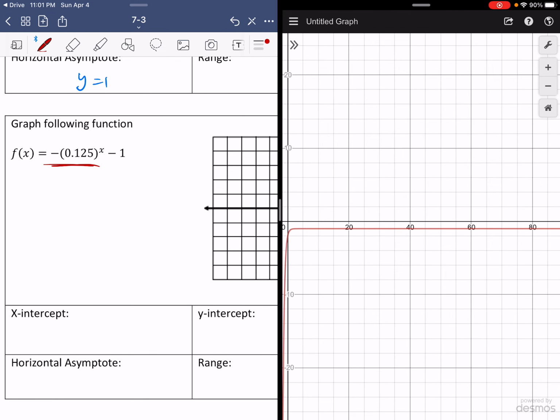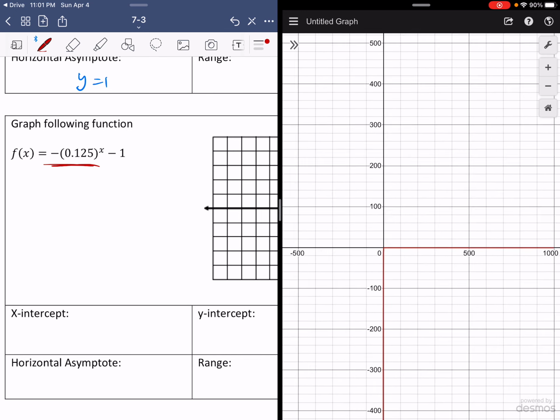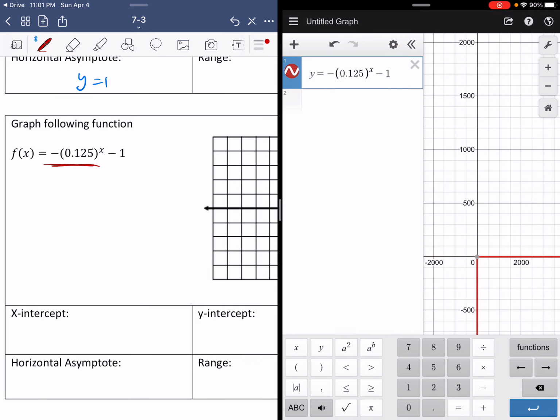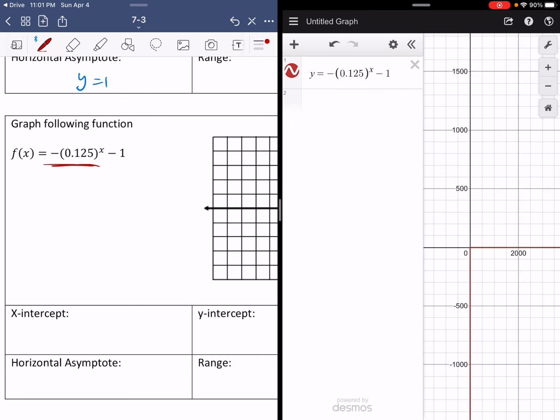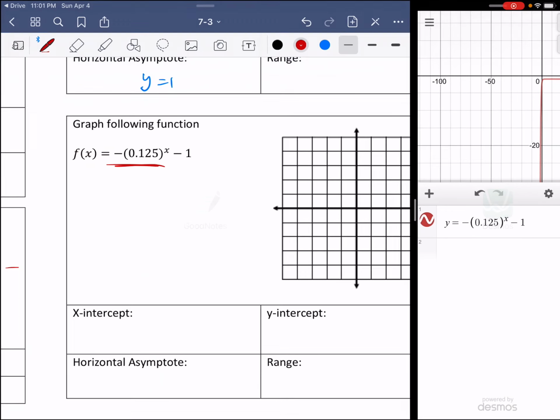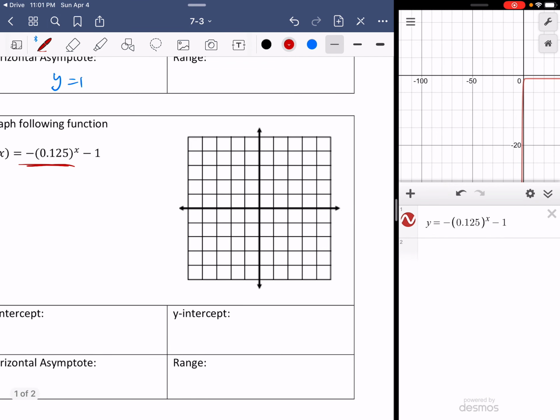Oops, this one doesn't have an x-intercept, I think. Wait, does it? No, because -1 is going to be the asymptote, and the graph looks like, okay, I made a mistake. But sometimes you will have an x-intercept for sure, okay? I will show you an example later. But now we can see (0, -2) is going to be our y-intercept.